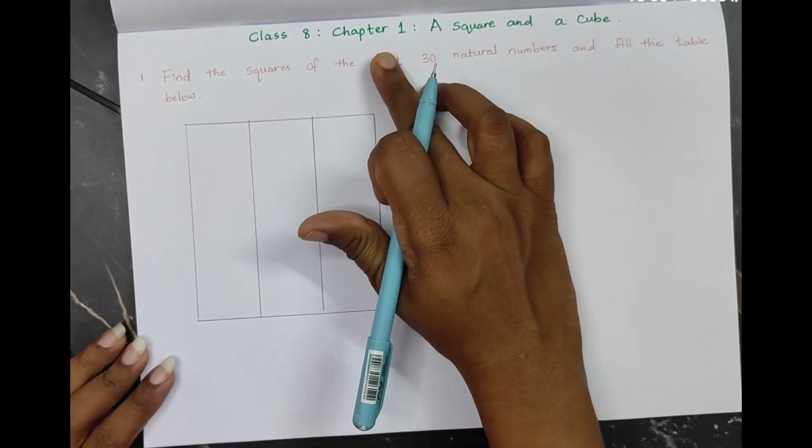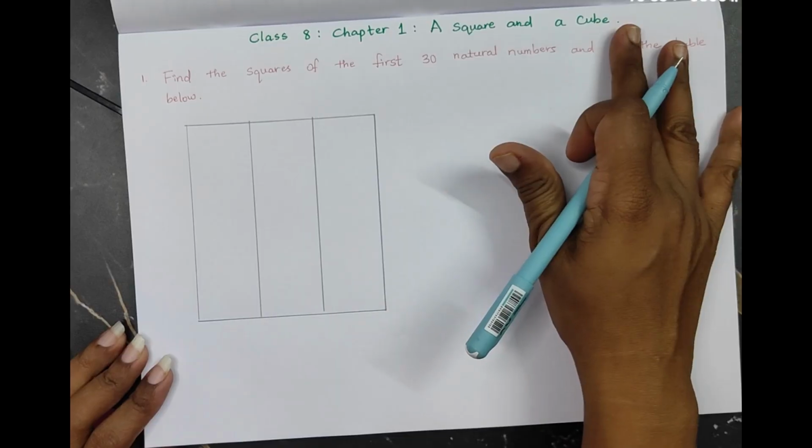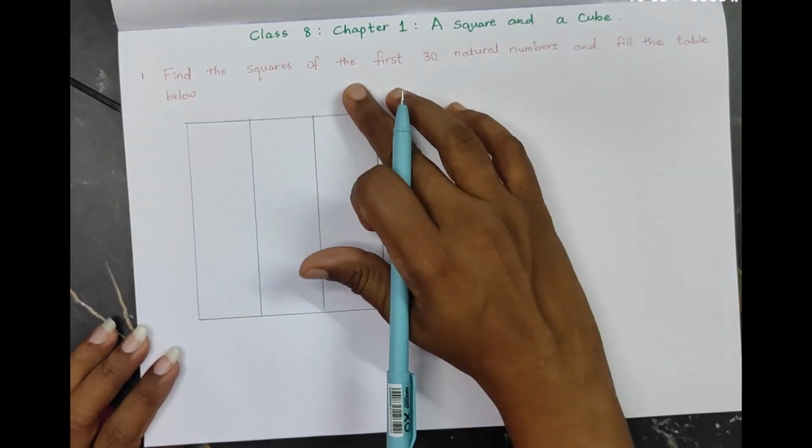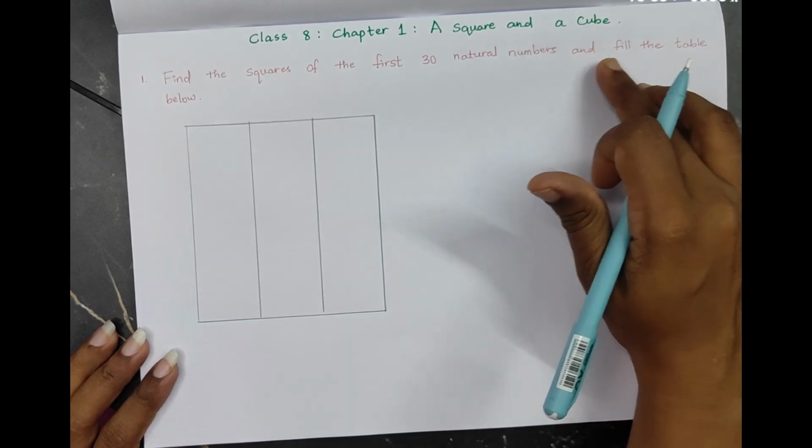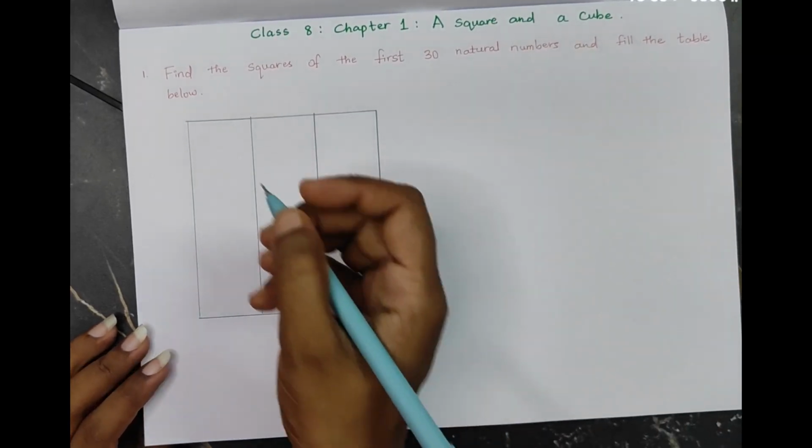Class 8, Chapter 1, A Square and a Cube. First question is, find the squares of the first 30 natural numbers and fill the table below.